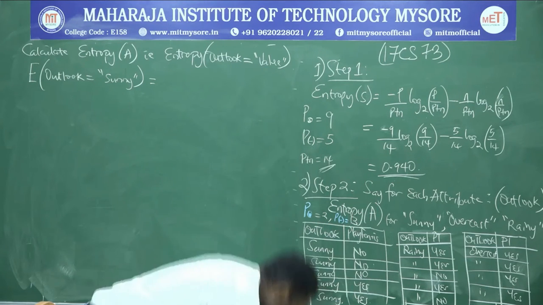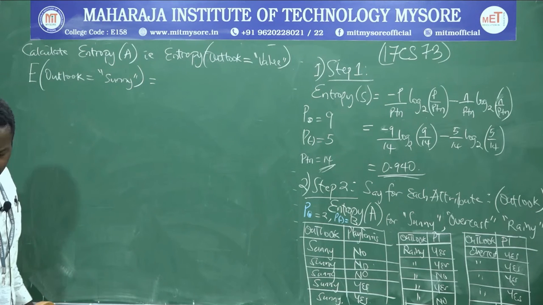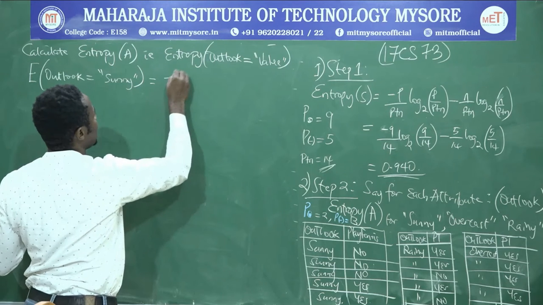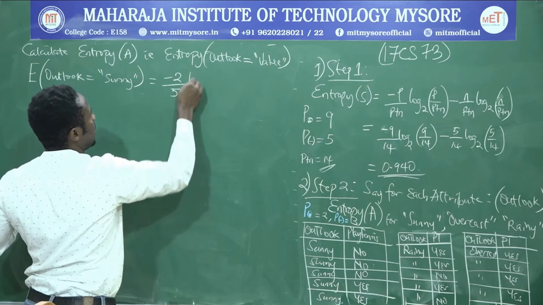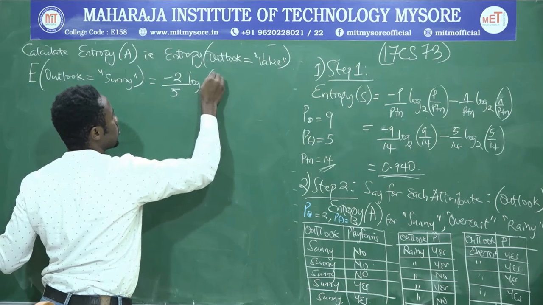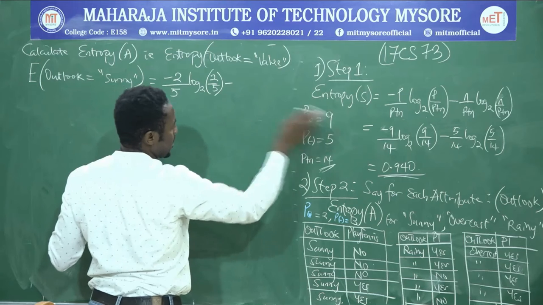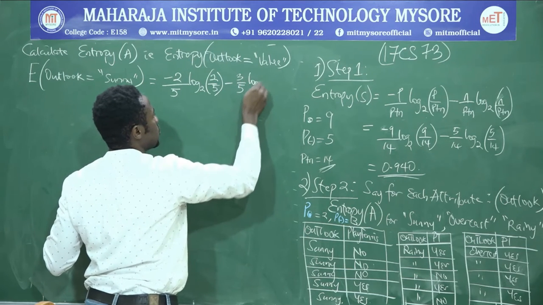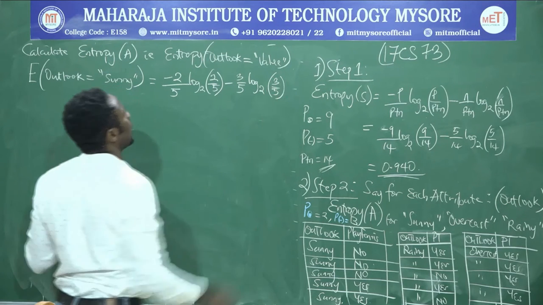So we plug in the same values: minus 2 upon 2 plus 3, which is 5, log base 2 of 2 upon 5, then minus negative samples, 3 upon 5 log base 2 of 3 upon 5.